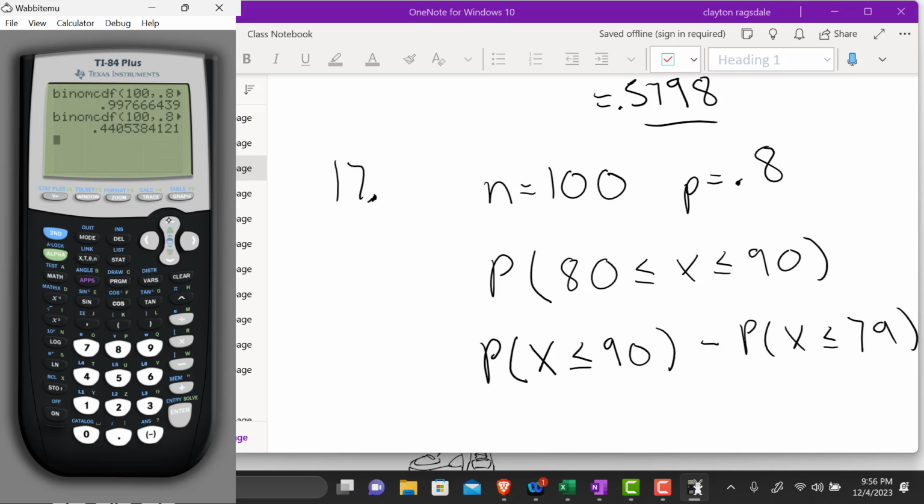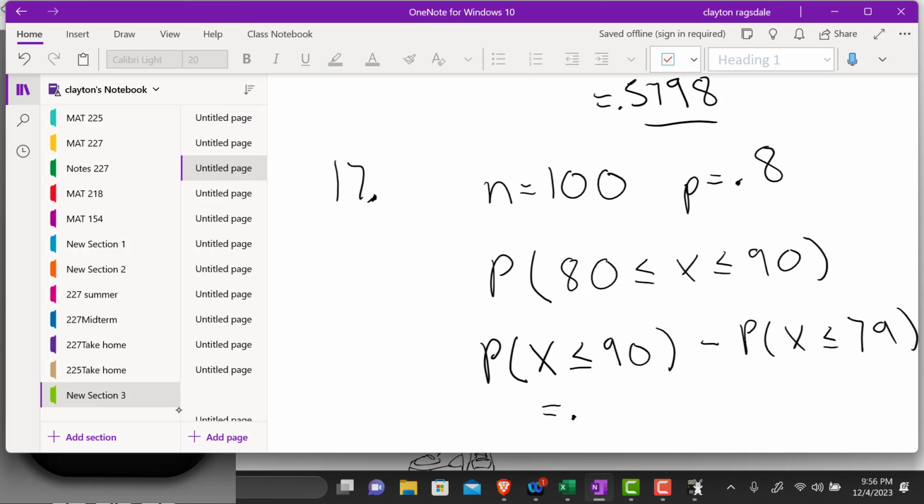And now I need to take these 2 values and subtract. So I'm going to take my upper value from the 90 and subtract out my lower value from the 79. And that will give me the space in between. And I believe it says round to 4 decimals, so I got 0.5571. Let's verify all of our solutions are correct, since he was nice enough to provide the solutions. 0.5571, perfect.